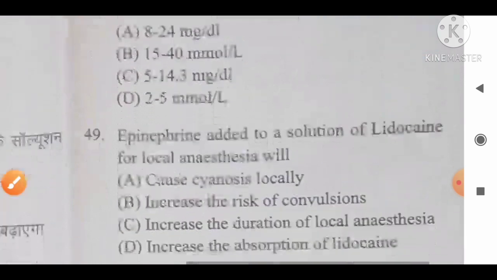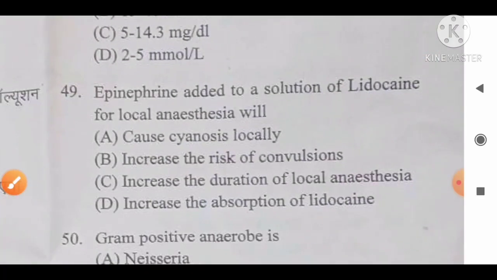Move to the next question, number 49. Epinephrine added to a solution of lidocaine for local anesthesia will option A cause cyanosis locally, B increase the risk of convulsions, C increase the duration of local anesthesia, D increase the absorption of lidocaine. And the fact available regarding this question, it is the addition of epinephrine to lidocaine increases the time required for peak lidocaine concentration. Generally, the concentration of lidocaine in mucosa peaks around 10 minutes after application.